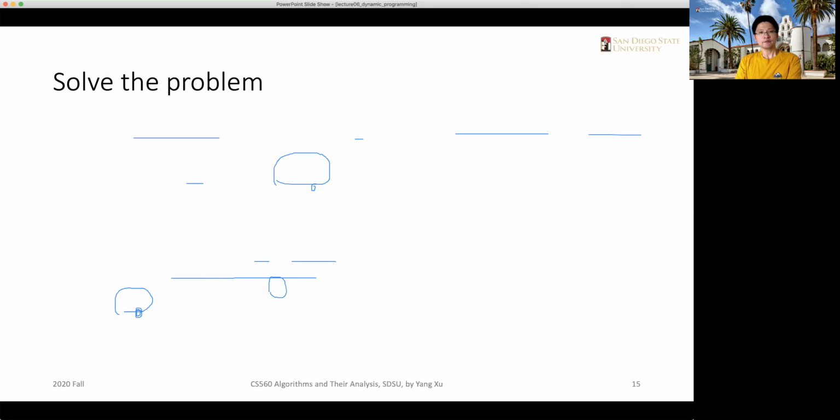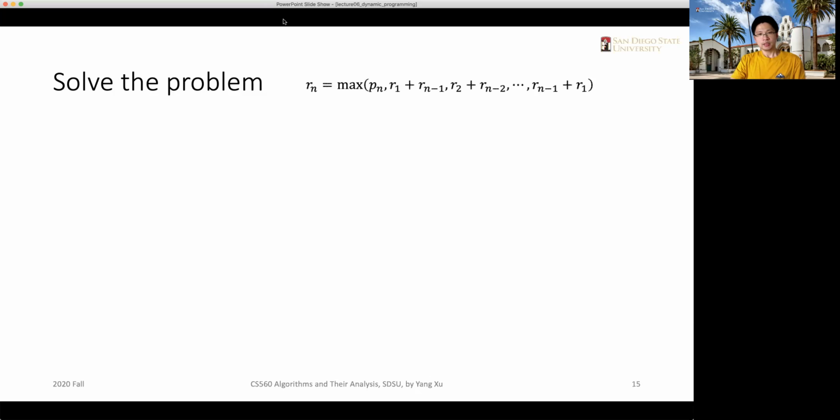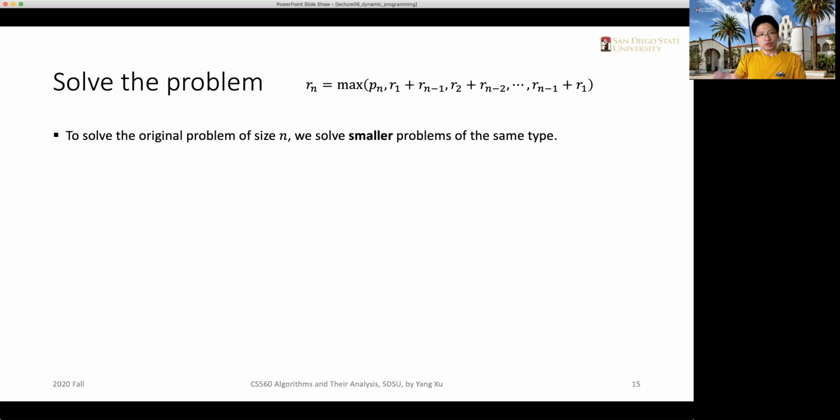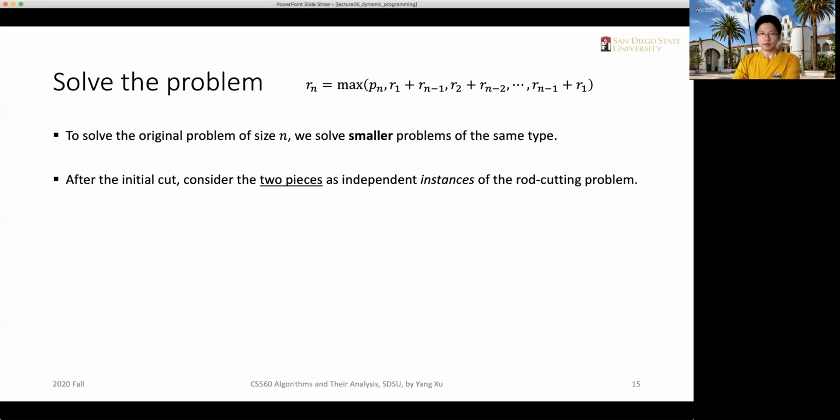So if we try to solve this problem, we already have the recursive formalization, and then we basically need to implement it. In order to solve the original problem of size n, we solve smaller problems of the same type. After the initial cuts, we consider two pieces as independent instances of the rod cutting problem.